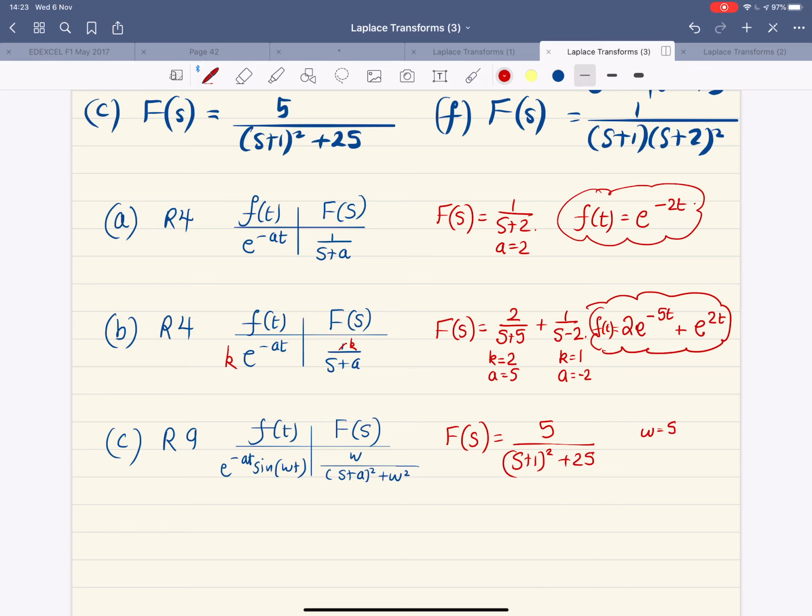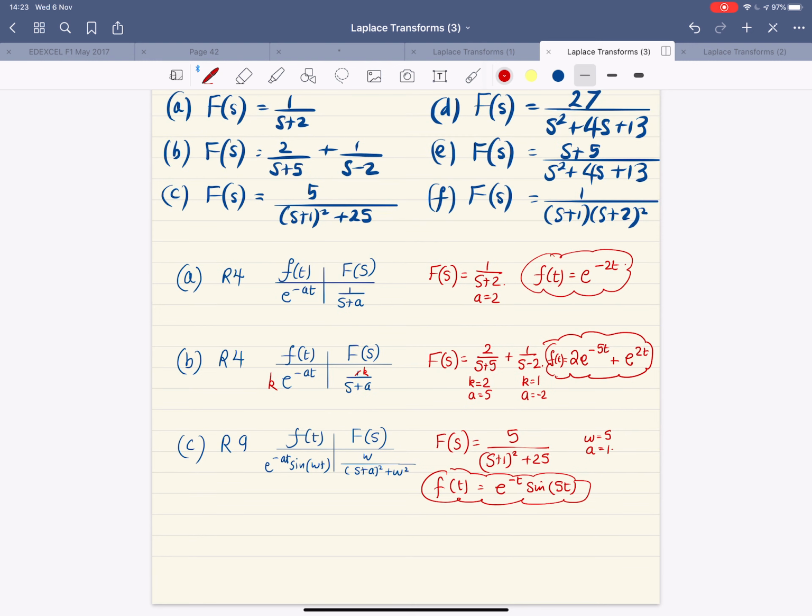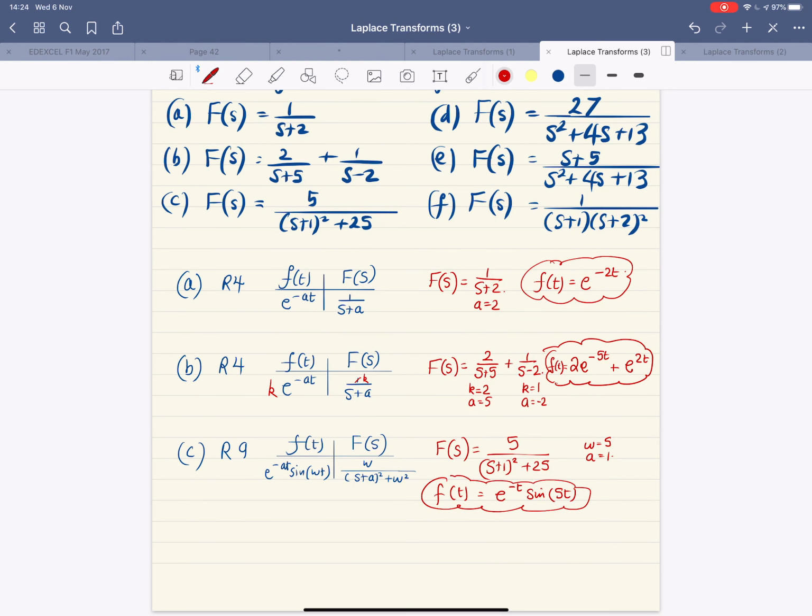Omega is 5 and a is 1, so f of t is e to the minus 1t sine of 5t. And there we go. Okay, so that's those first 3 done. We can turn the page now. I've already checked these as well, so I know these are all right with the mark scheme.